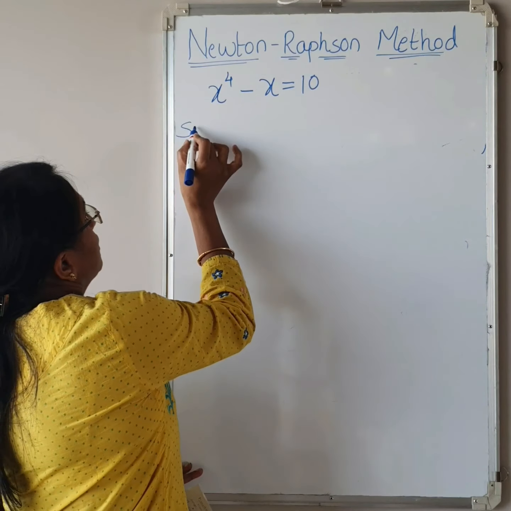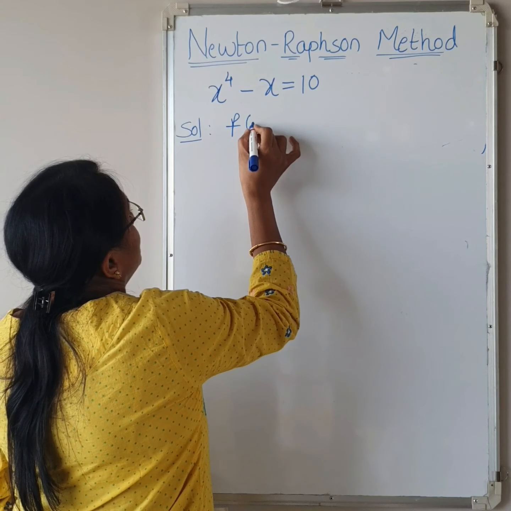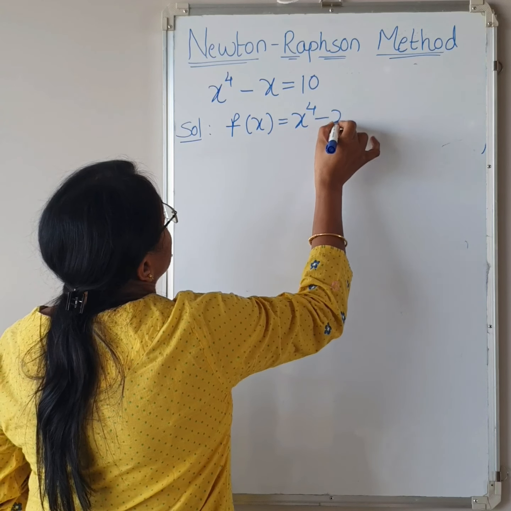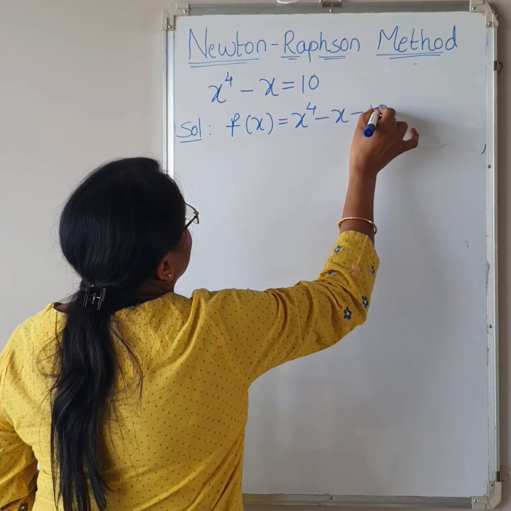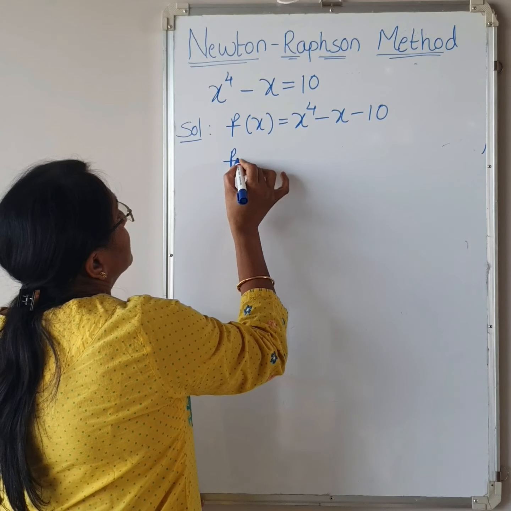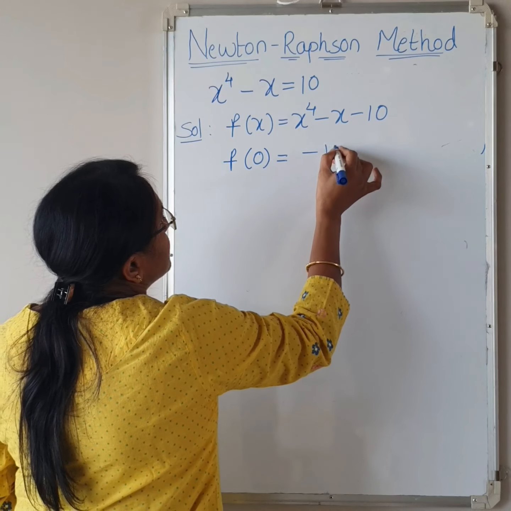Solution. First step is we have to write down f of x is equal to x raised to 4 minus x minus 10. Again we have to find out interval here. For that, first I will take f of 0, x is equal to 0, we will get minus 10.